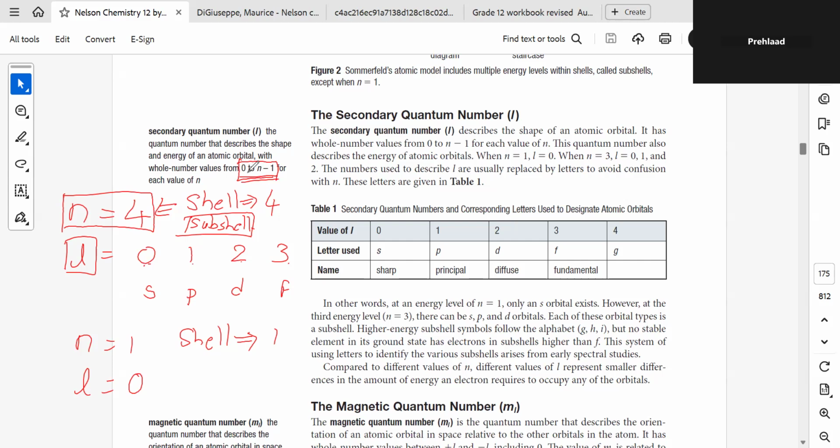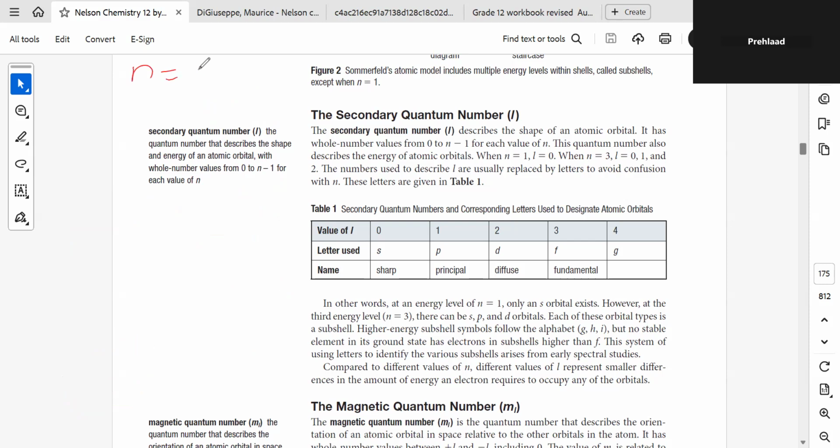Check this formula: whole number values from 0 to n minus 1. With n equal to 1, L will start at 0, then 1 minus 1 is 0, so it is 0 to 0. So there is only one number, that is 0. Clear?